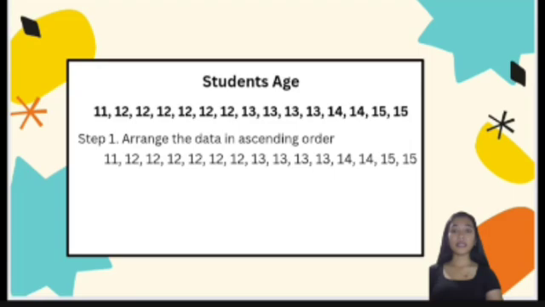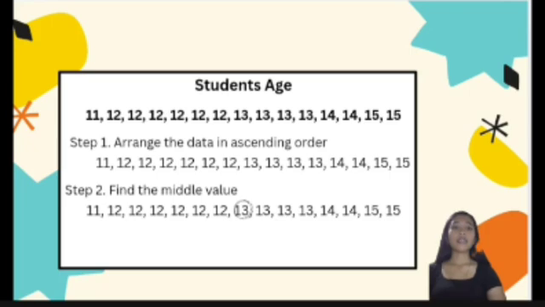Let's find the median of the data we have collected. First, arrange in ascending order. We already have the ascending order of our data. Second, since we have 15 total numbers, which is odd, we will only find the middle value, which is 13.